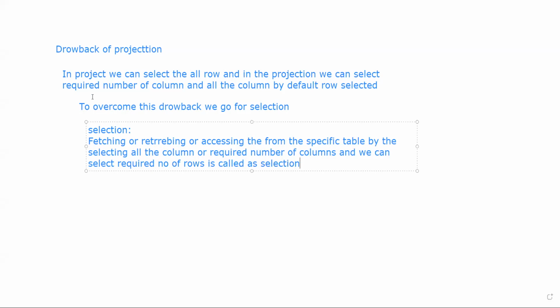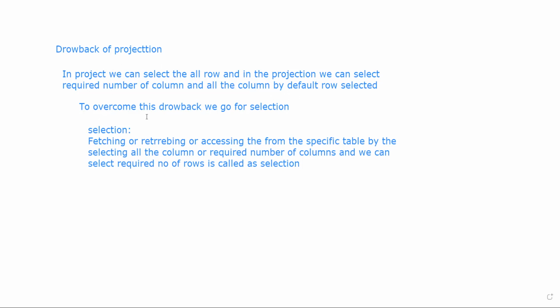This is the drawback of projection: in projection we can select all the rows and the required number of columns, and with all the columns, by default all rows are selected.